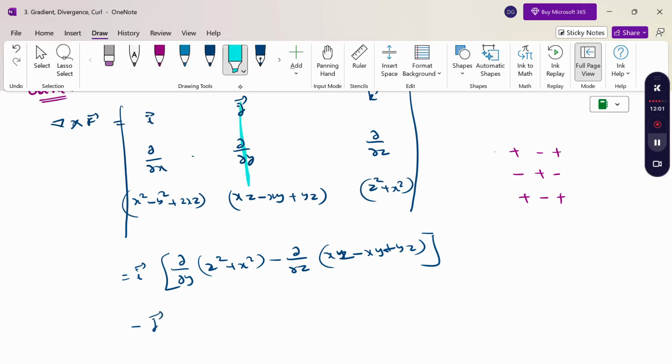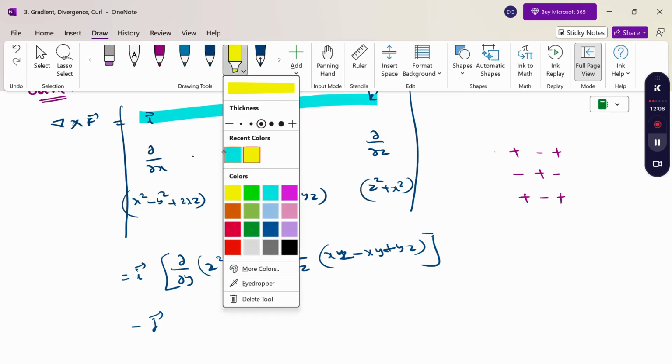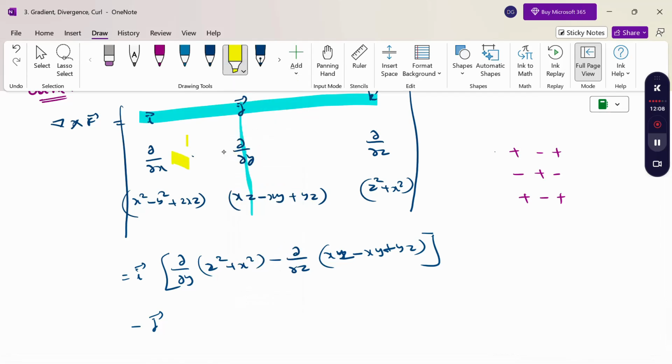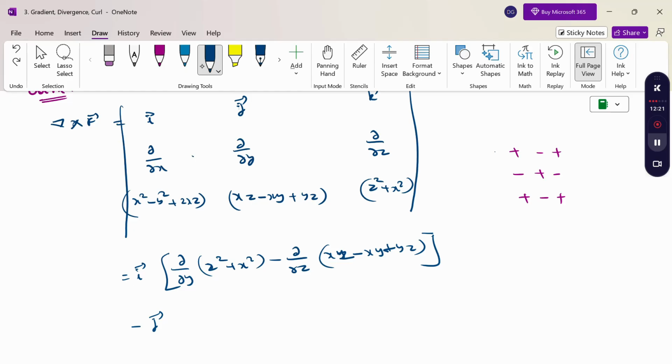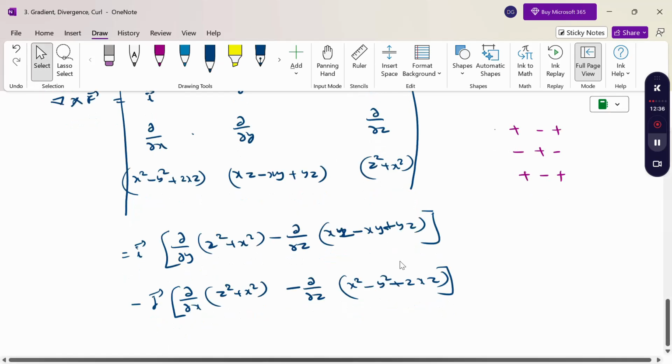Then again, leave this column and row, and the determinant is dou by dou x of z square plus x square, dou by dou z of this term. Therefore minus j vector into dou by dou x of z square plus x square minus dou by dou z of x square minus y square plus 2xz, plus k vector.